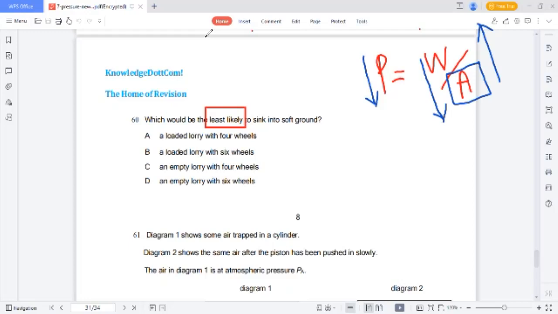So if the lorry is empty, then the weight would be small, and the six-wheeler will have a large area. So this is the correct option.